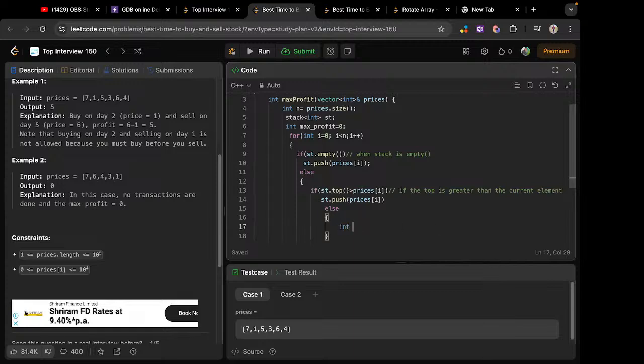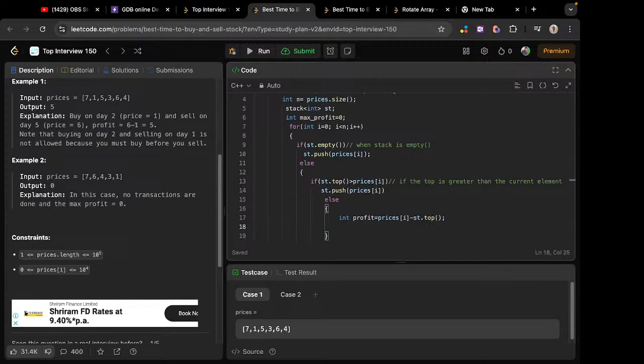So profit is equal to the current element, that is prices[i], minus st.top element, and I will maintain max profit.